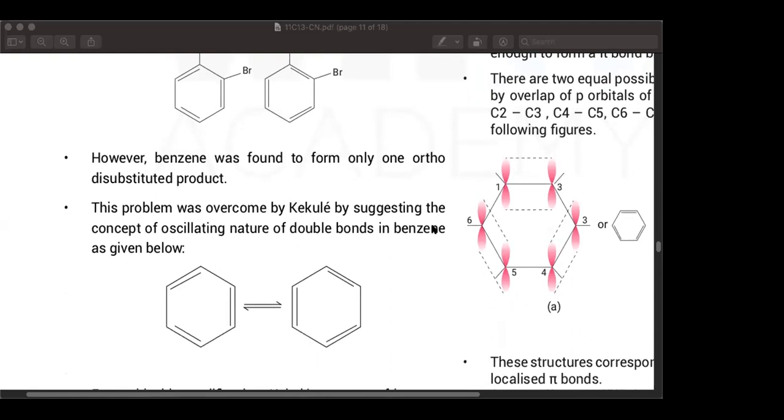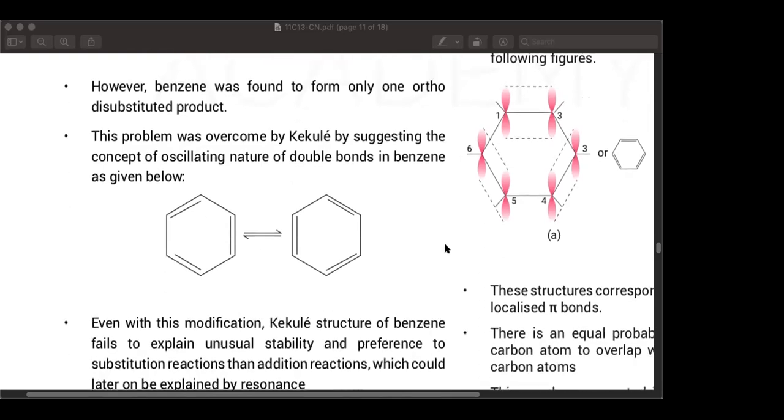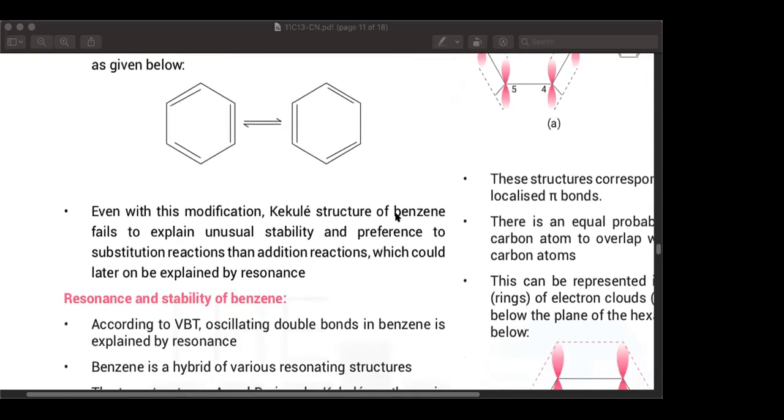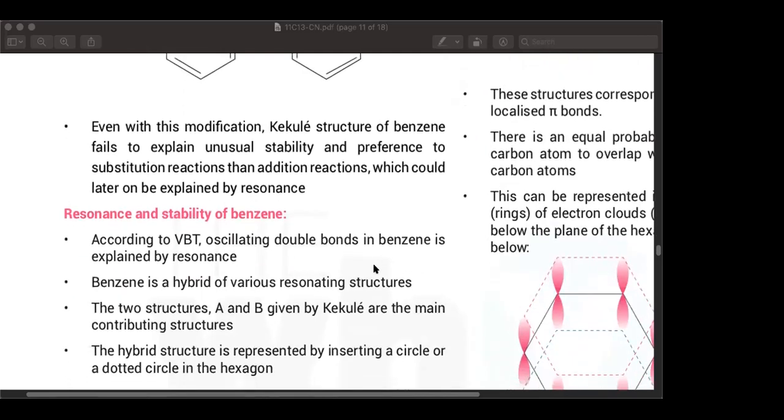In order to figure out why, Kekule got the idea that maybe the two bonds are oscillating, alternating with each other. That's how the idea of aromatization or delocalization of electrons came about.